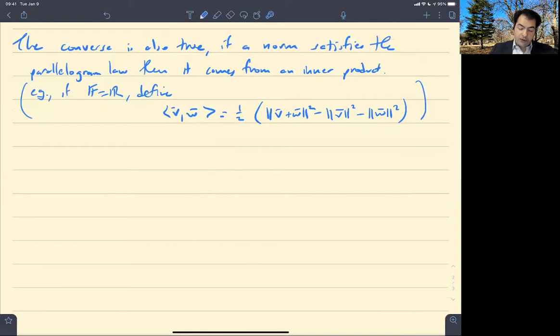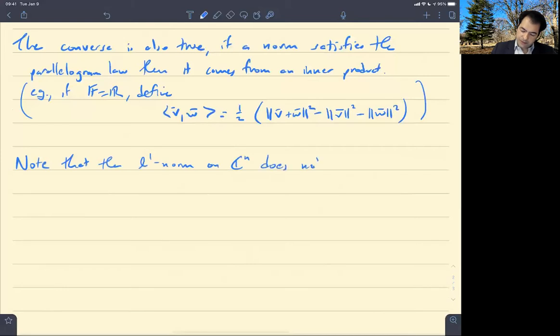Great, so now we have a way of checking, given a norm, does it come from an inner product? So let's check these two examples. Right, and well, I've already spoiled the answer. So I'll just say here, note that the L1 norm on Cn does not satisfy the parallelogram law.